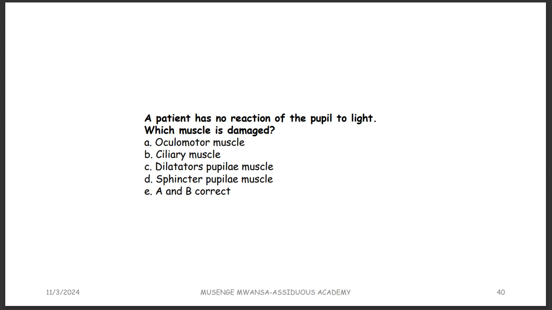The muscle that is responsible for the dilatation of the pupil in reaction to light. Anyone? Sphincter pupillae.